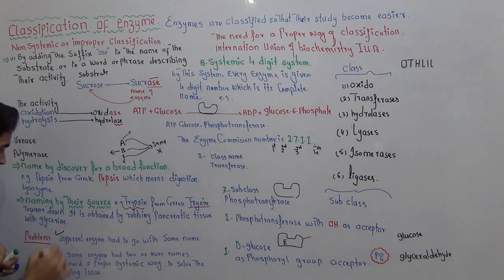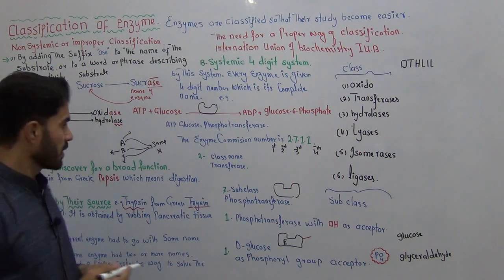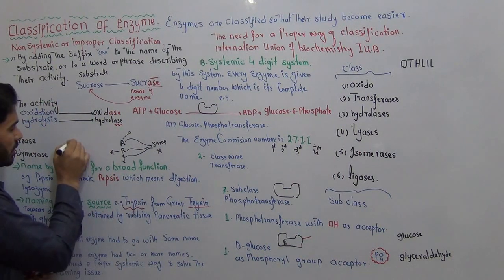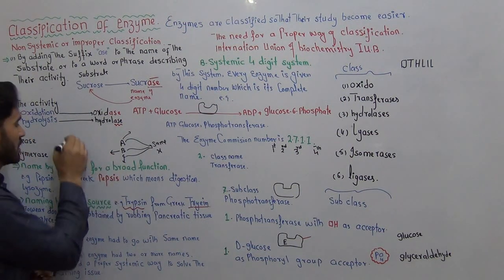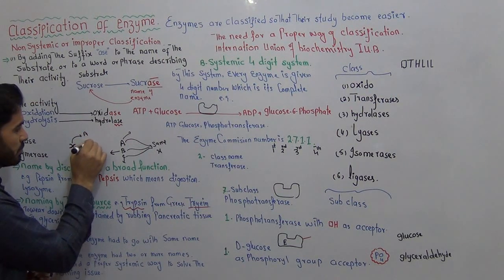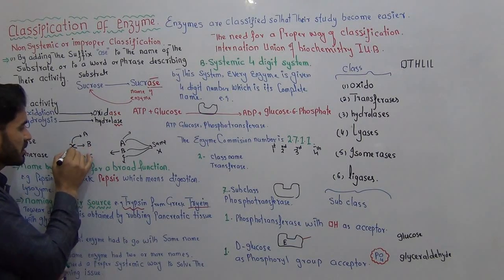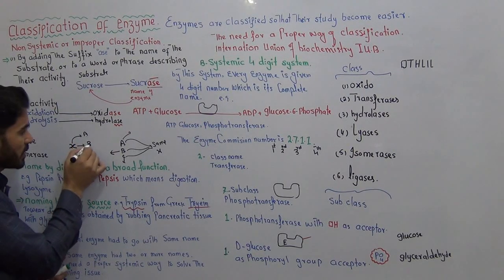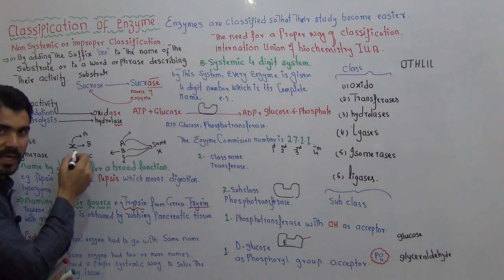That's the first problem. Second, the same enzyme had two or more names. Now you have one enzyme X, let's suppose, any enzyme. Some people call it A, other people call it B, other people call it C. Because for one person this may be the function, for another person this may be the source, for another person this may be the ASE.